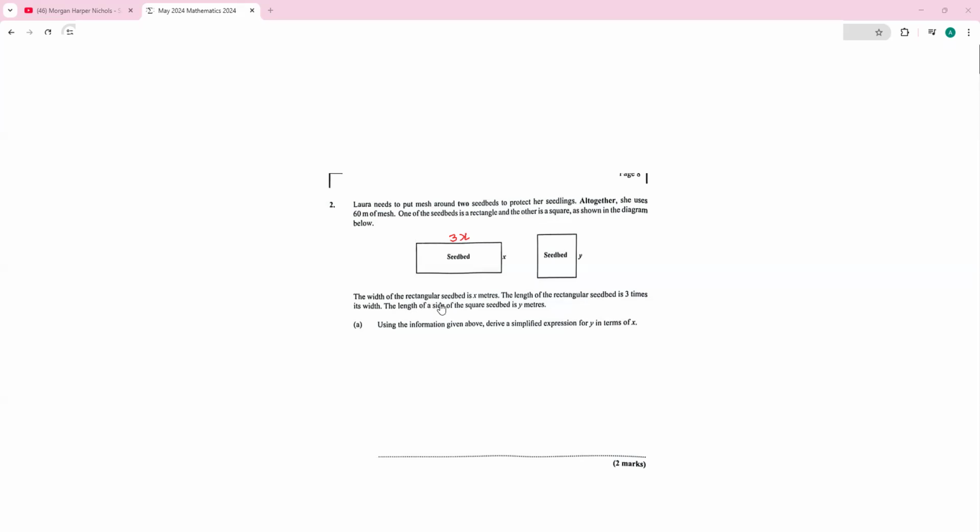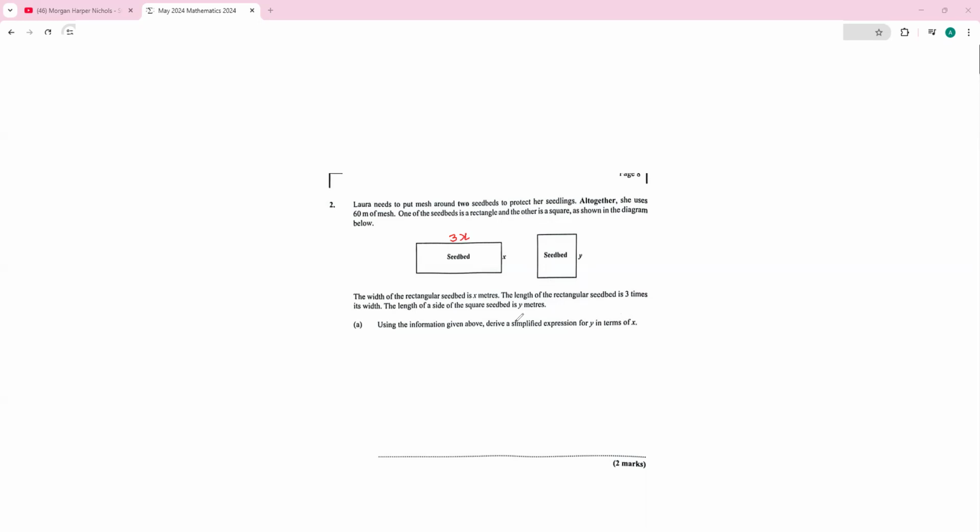The length of a side of the square bed is y meters. Using this information, they want us to derive a simplified expression in y in terms of x.